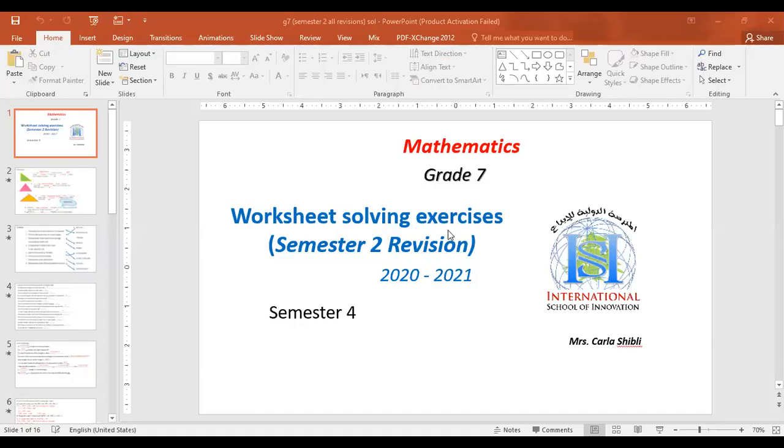In semester 2, we have this worksheet, which is included in the final exam. We have this worksheet, which is semester 2 revision, and we still have a worksheet, which is semester 3 revision. So we have 2 revision sheets for the final exam, revision semester 2 and revision semester 3.